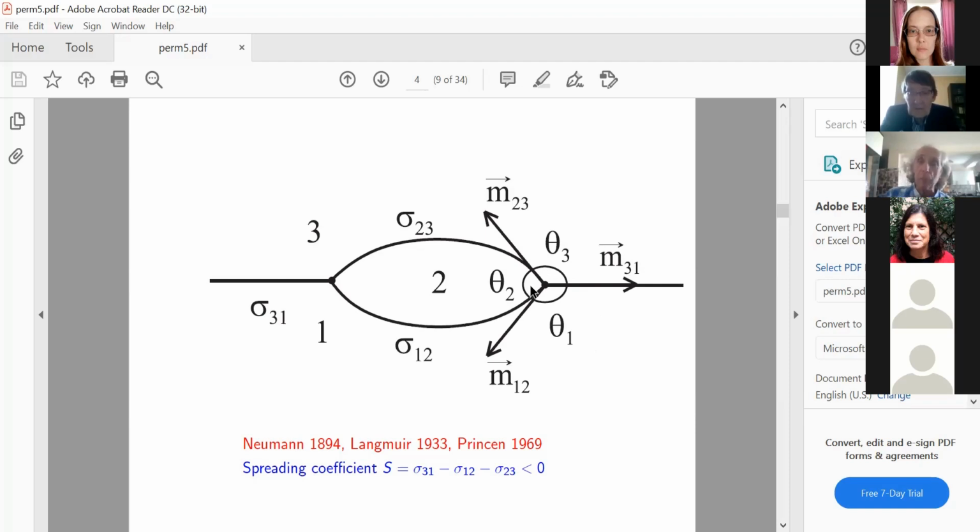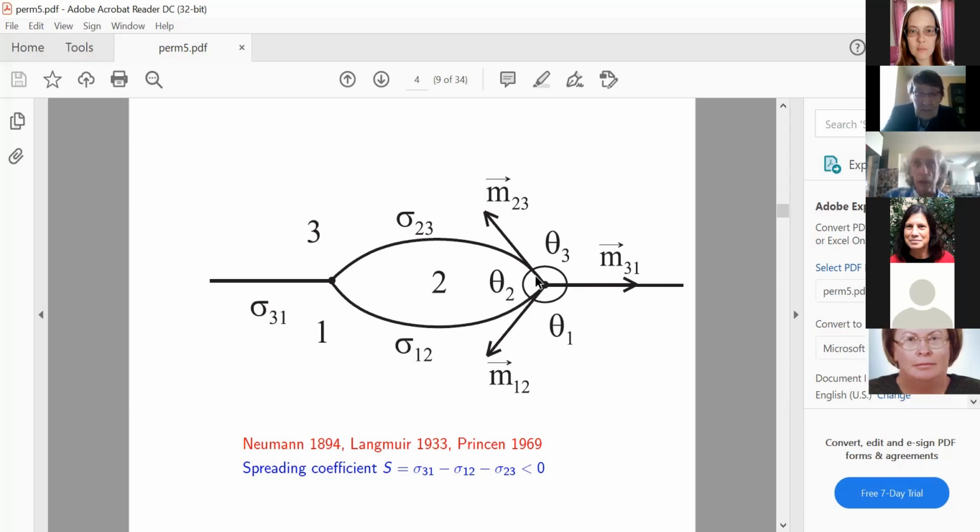And the result depends actually on intermolecular interaction in the thin film, on the disjoining pressure. Depending on the sign of the disjoining pressure, on some details of this intermolecular interaction, there could be 2 possibilities.